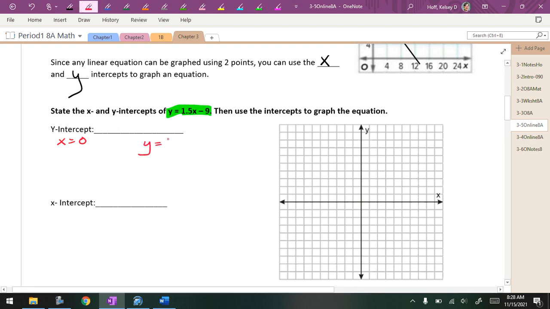Y equals 1.5, put a 0 in parentheses for x, minus 9. Now, when I have 1.5 next to that x, or when I replaced it with 0, it really means I'm multiplying. 1.5 times 0 is 0. Anything times 0 is 0. So they actually cancel out, which means my y-intercept is at negative 9.